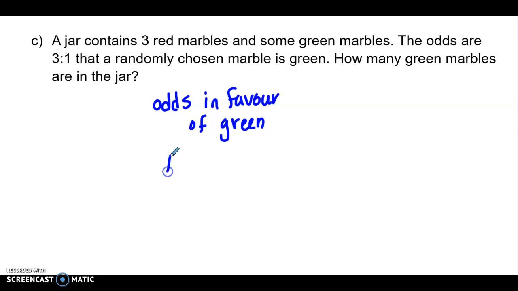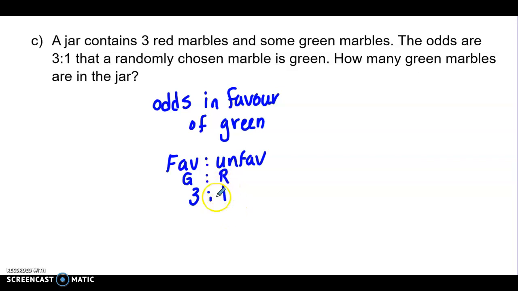Our odds is the formula favorable to unfavorable. And we are given that ratio of 3 to 1. So this is representing the number of green marbles, which means our unfavorable outcomes are the red marbles.